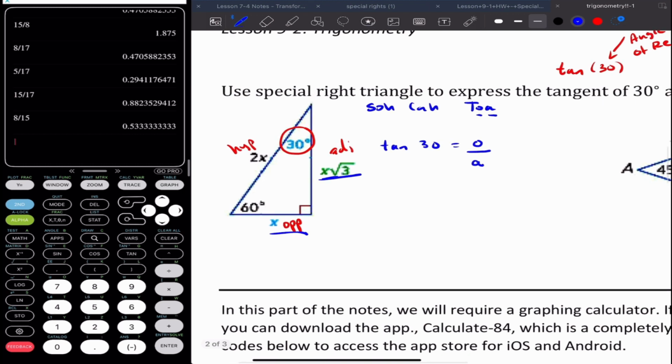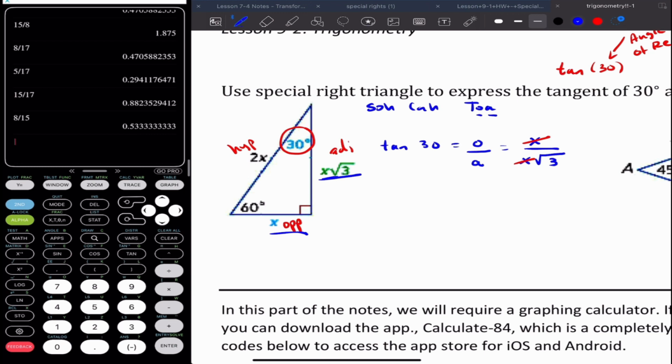And the opposite side is x. And the adjacent side is x root 3. So I can go ahead and cancel, because I have x divided by x, ignore the root 3 for now. We have x divided by x, that's going to cancel. So x divided by x is going to be 1, right?